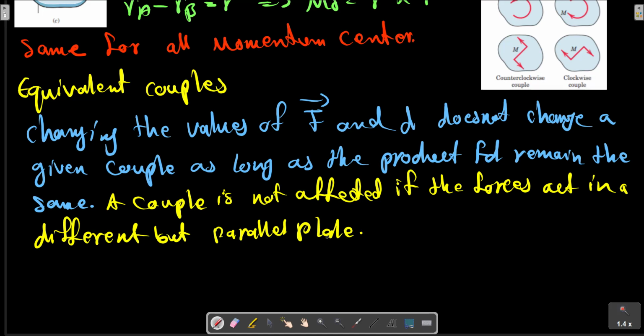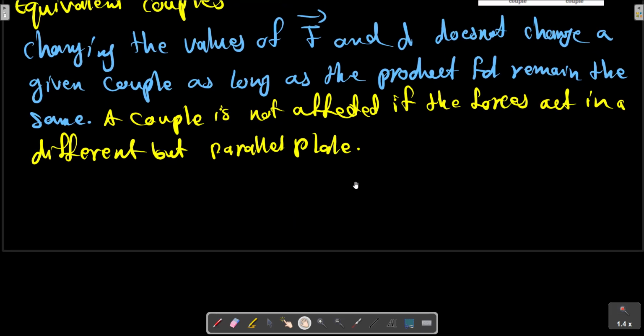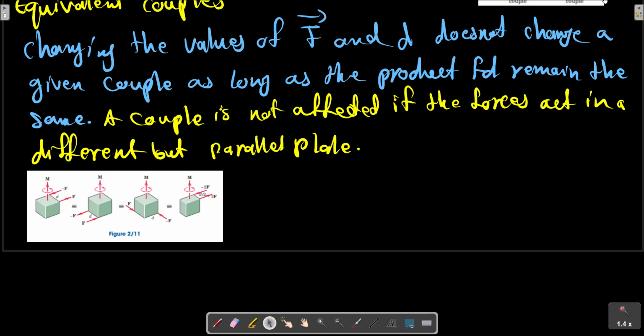This picture shows four different configurations of the same couple M. In each of the four cases, case 1 is FD, case 2 is also FD, and 2F multiplied by one half of D equals FD.